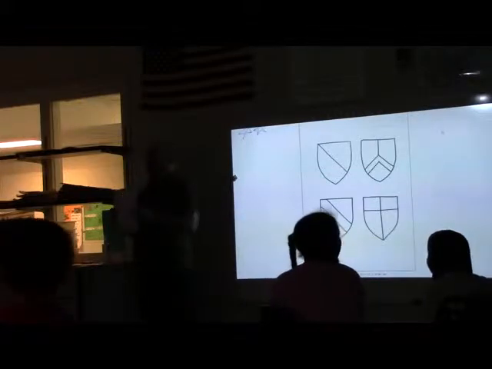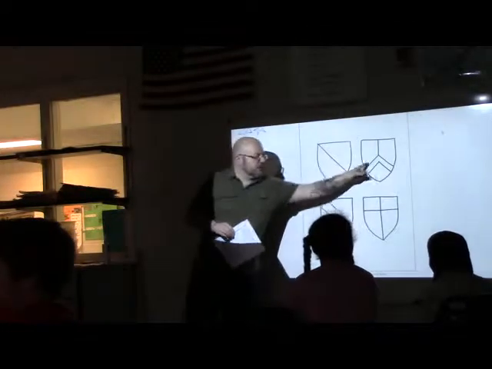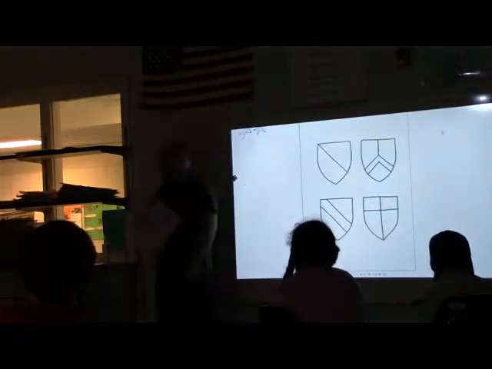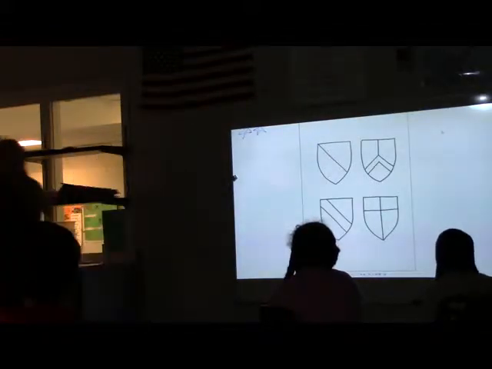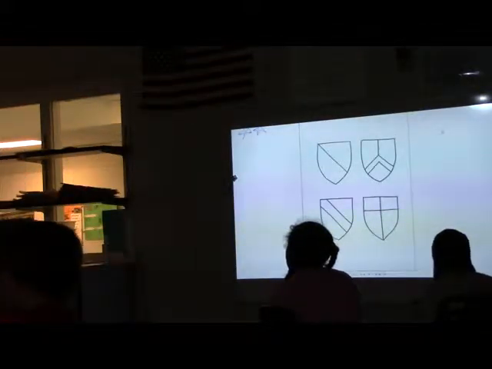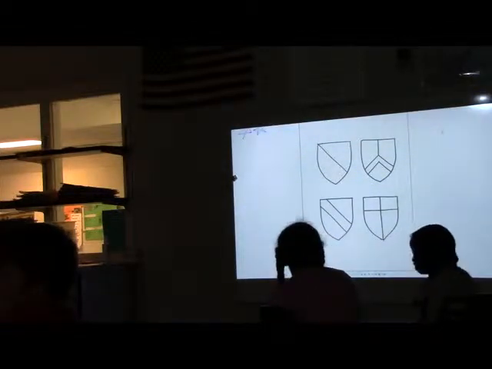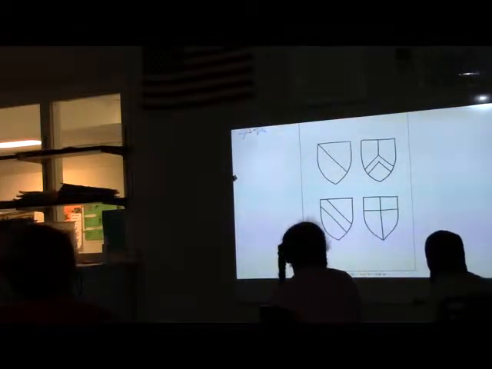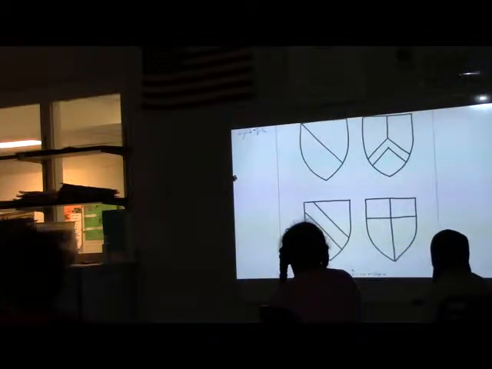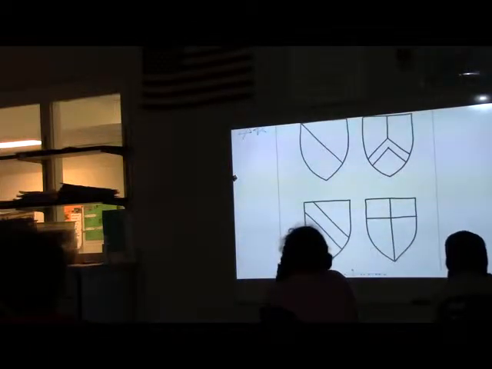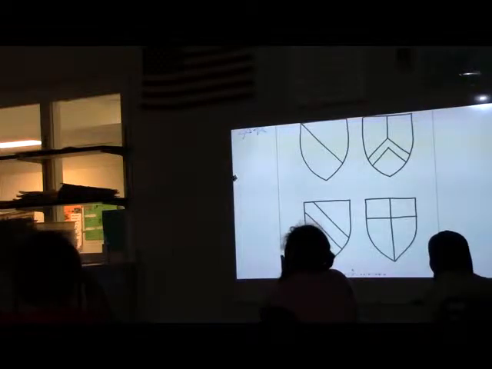What you're going to do, step one, is up here, you're going to pick one of these shield designs. And you're going to put that onto the shield, so you don't have to yet. Let me make it a little bigger so you can see it. So, there's 4 different designs.